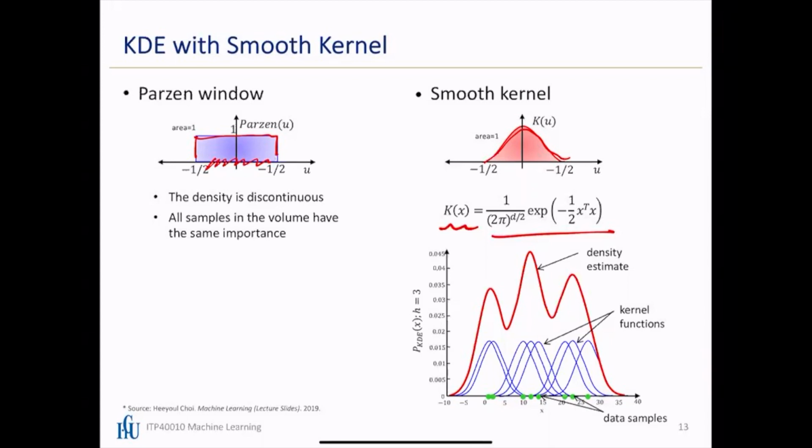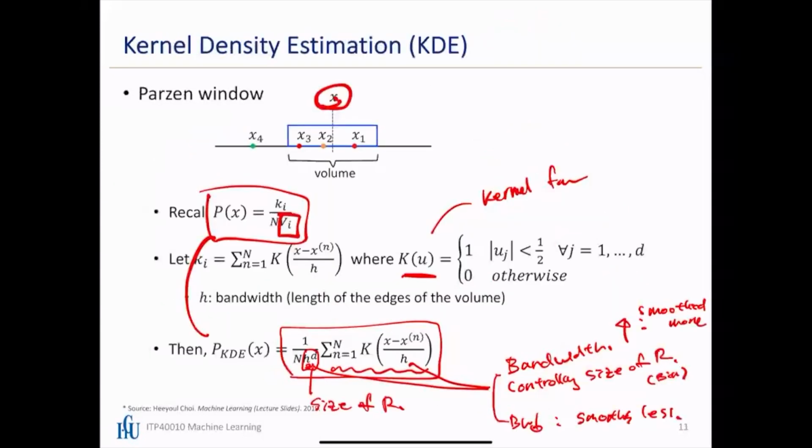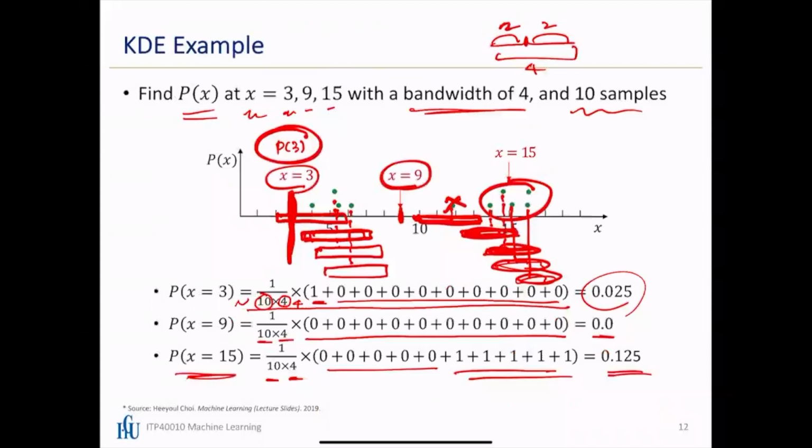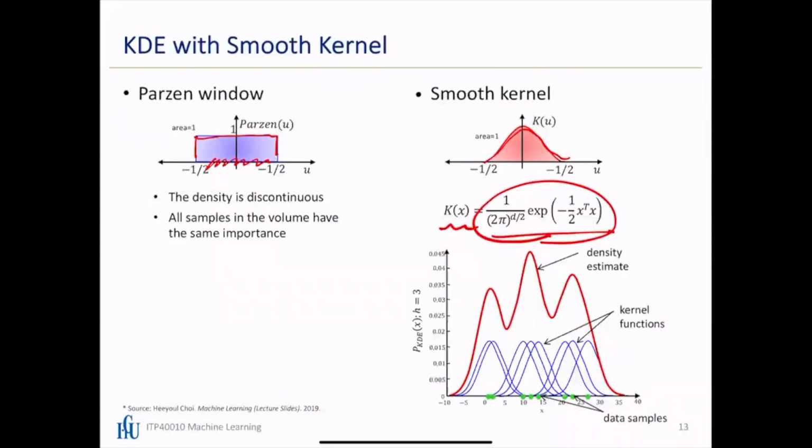We may be able to describe the density in a more smoothed form, and in most cases, this is somewhat more preferred. So if you use the kernel in this shape instead of this simple indicator, when you estimate a probability at a certain point, you are getting the kernel calculated from this RBF form, so Gaussian form.